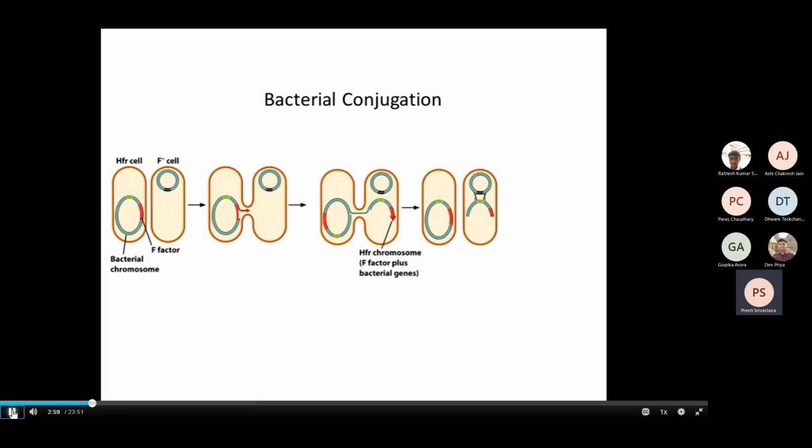And if we remember the regions of homology between the two bacterial chromosomes, one in the F- cell and one in the HFR cell, they share regions of homology, which promotes and allows for crossing over or exchange between the complete genome of the F- cell, called the endogenote, and the partial genome that was transferred over through conjugation, called the exogenote.